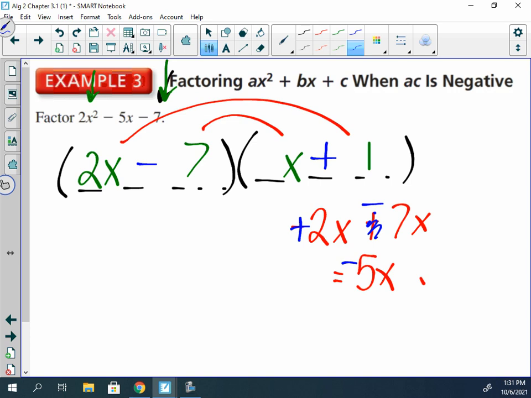So whenever we get the correct number but the wrong sign, flip the signs. In some cases we could flip one of the numbers and get the same thing, like with our 2x and 2x on the first one, because flipping the 2x's doesn't change anything. But here, we can just flip the signs and we get the right answer.